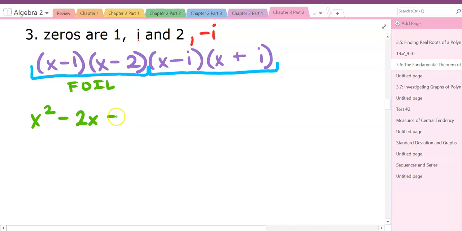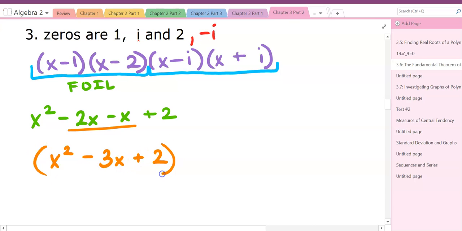Right, negative x. And then last is going to be negative 1 times negative 2, which is positive 2. So what's going to be negative 2x right here, negative 2x minus x? What's that going to become? Okay. All right, let's do the second set now.